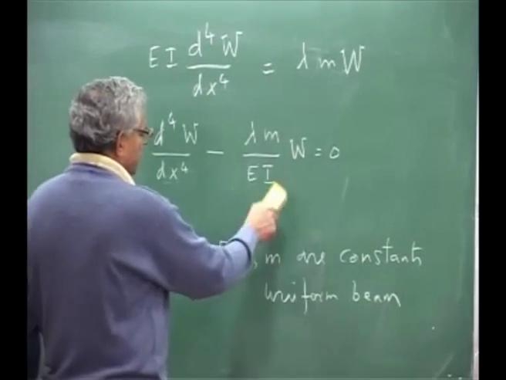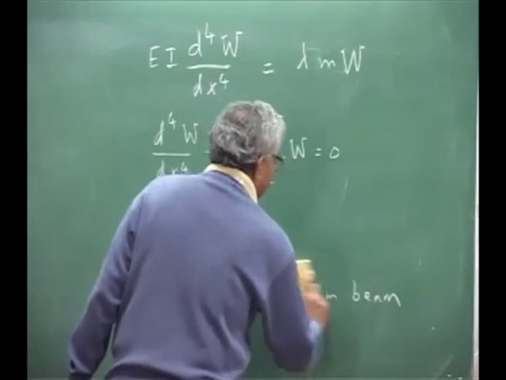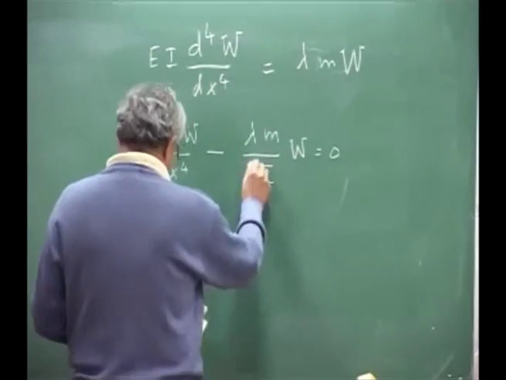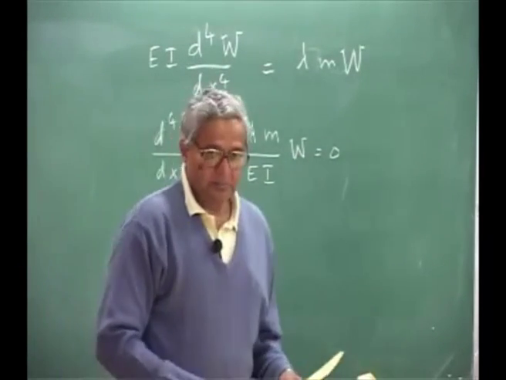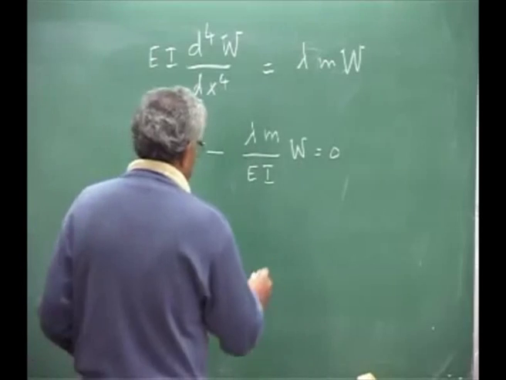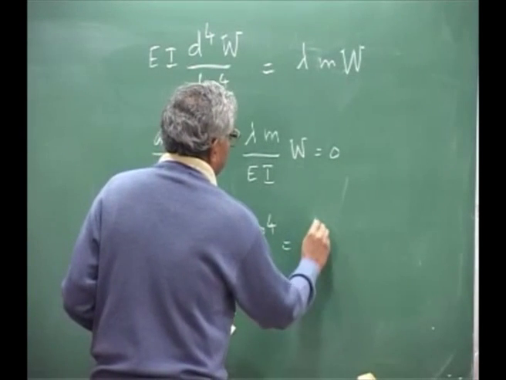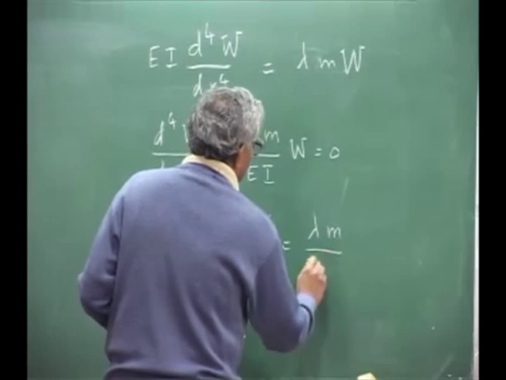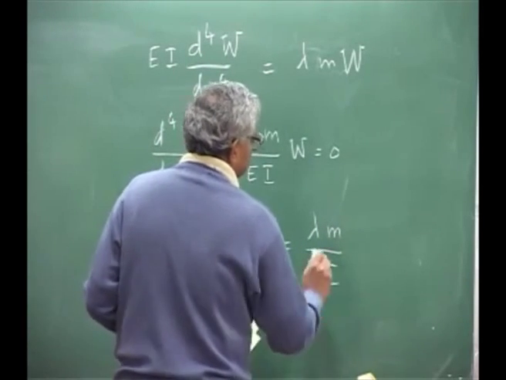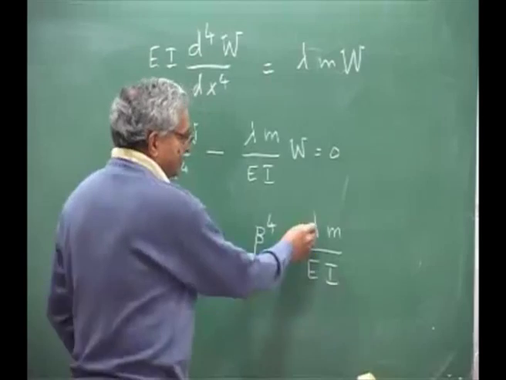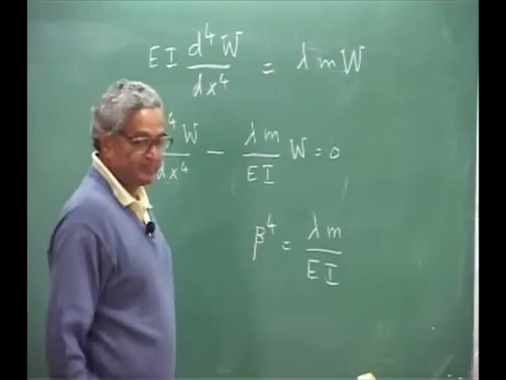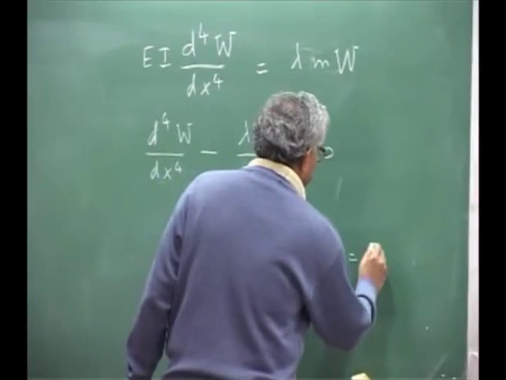And this particular quantity, lambda m over EI, we are going to call this beta to the power 4. Please understand, lambda is the omega square.